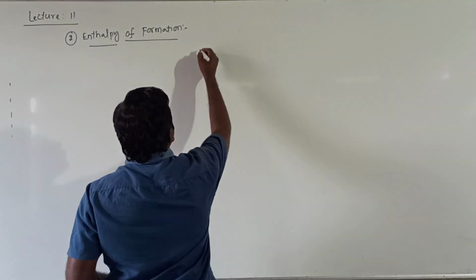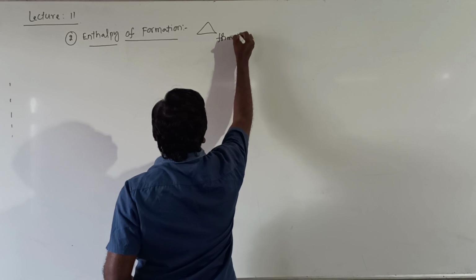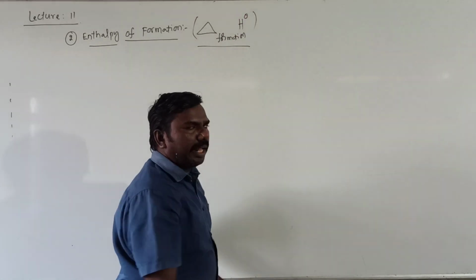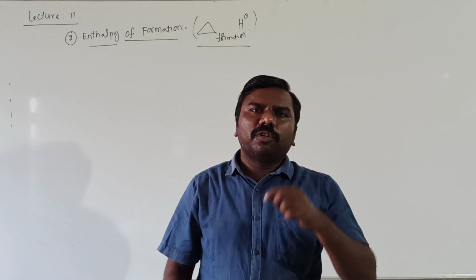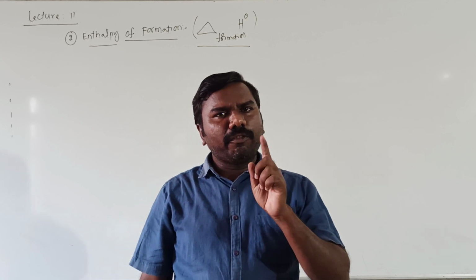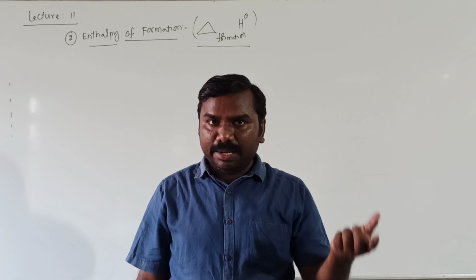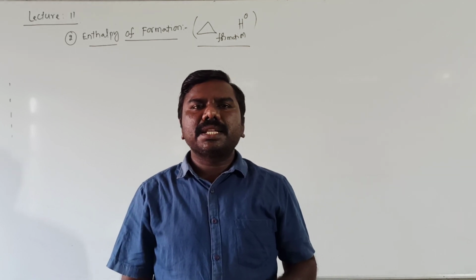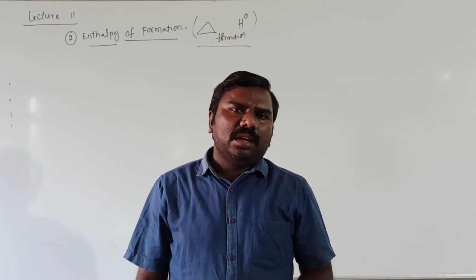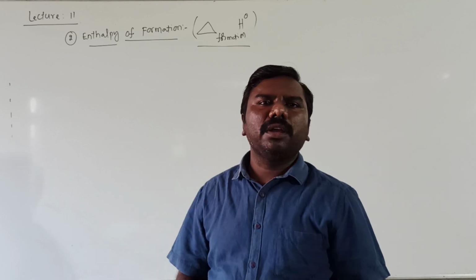Formation is indicated as delta formation H naught. This is under standard condition. Formation means the enthalpy change when 1 mole of a compound is formed from its elements in their standard state, nothing but a native state or reference state. That is called enthalpy of formation.